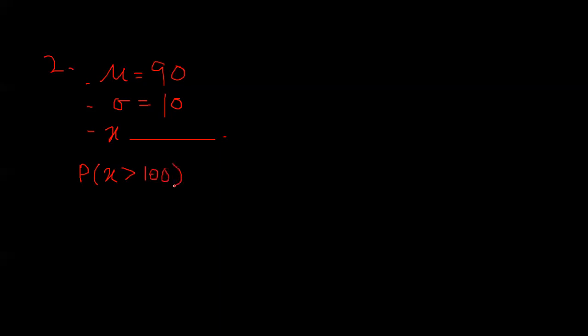The question wants you to get the probability that a car picked at random is more than 100 km per hour. So more than refers to greater than. So P, X is greater than 100.